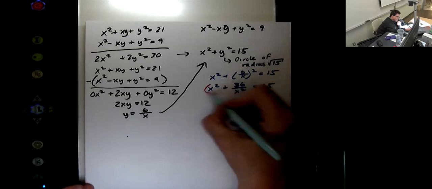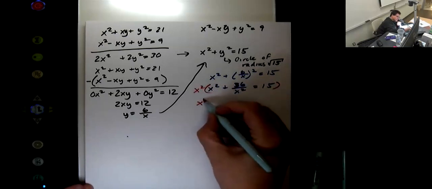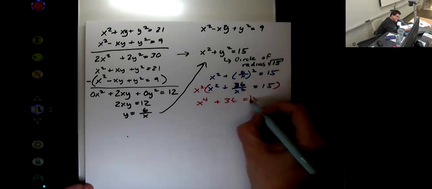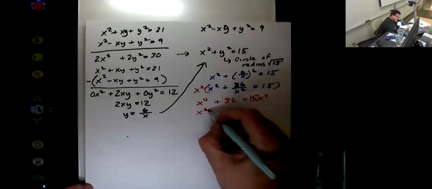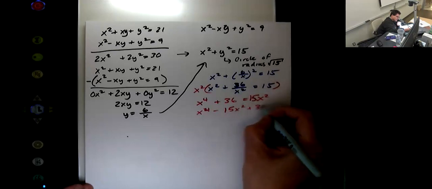I'm gonna multiply through by x squared because I don't like fractions. This becomes x to the fourth plus 36 equals 15x squared, or x to the fourth minus 15x squared plus 36 equals 0.